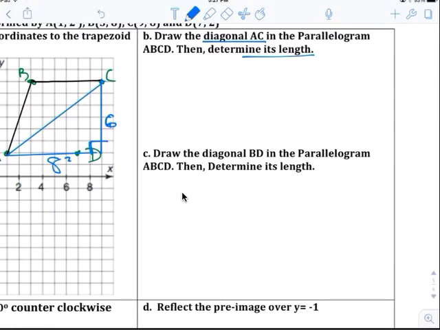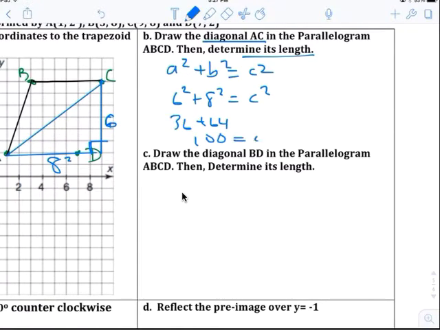Okay, so a squared plus b squared equals c squared. 6 squared plus 8 squared equals 36 plus 64 is 100. Okay. Square root. The length of AC is 10 units.